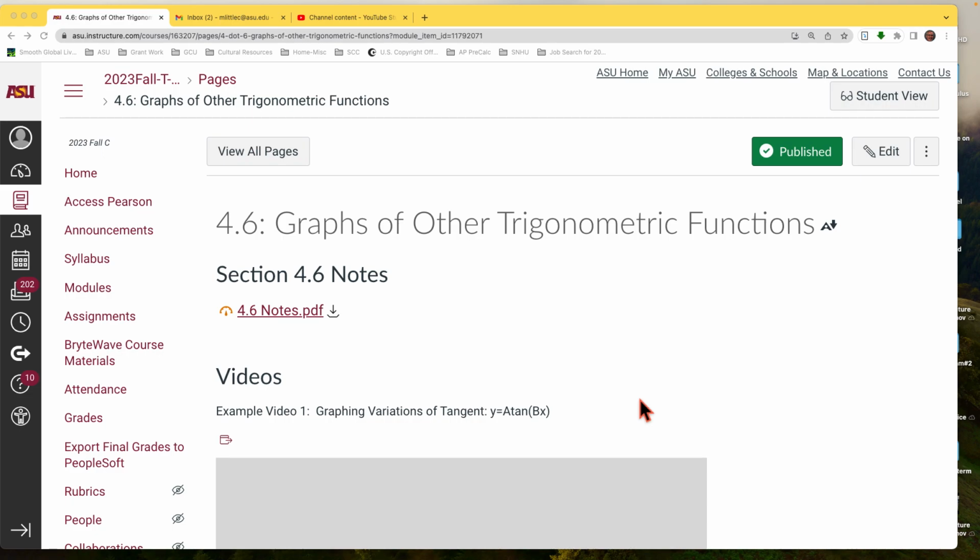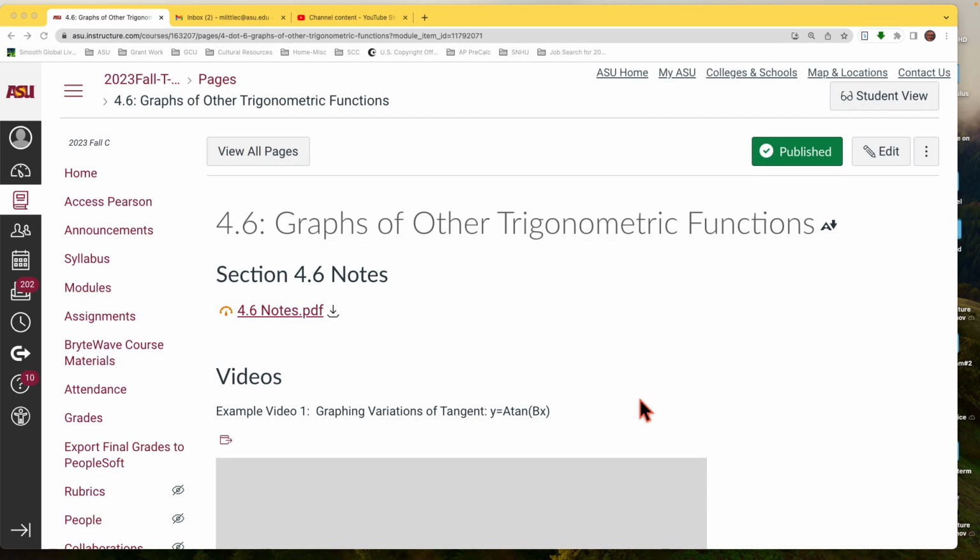Let's go ahead. So we're in 4.6, graphs of other trigonometric functions. It really should say graph of the tangent function, because that's the only one in the homework, although it would apply to secant, cosecant, and cotangent, which we'll look at probably later.